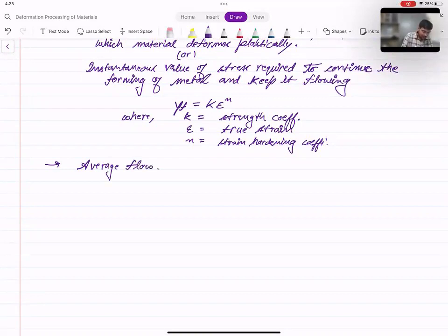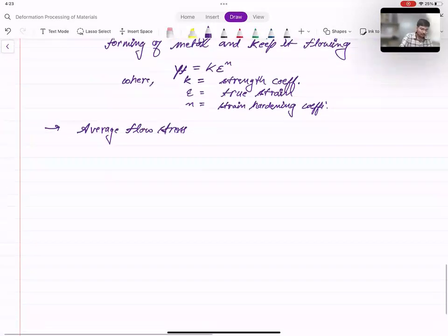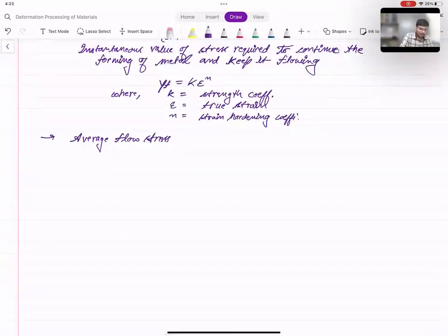This is obtained by finding the average value of this. I'll not go into the derivation, I'll write the formula directly. It is represented as YF bar, and its value comes out to be K epsilon to the power n over n plus 1. This is known as average flow stress.